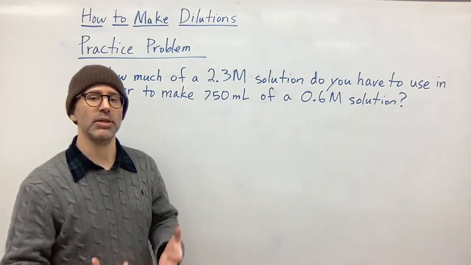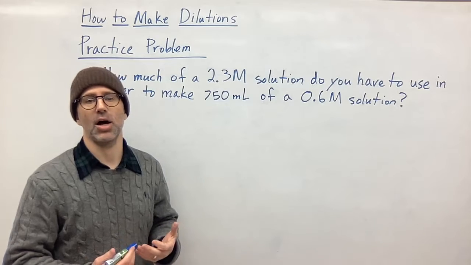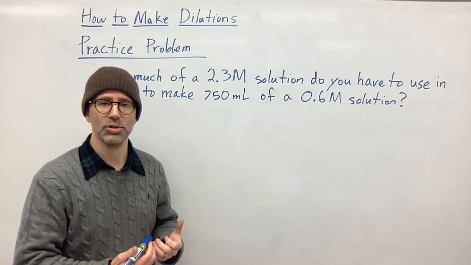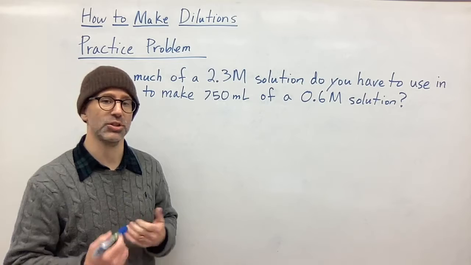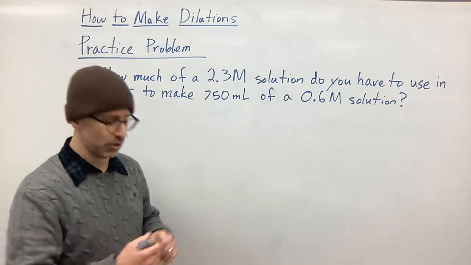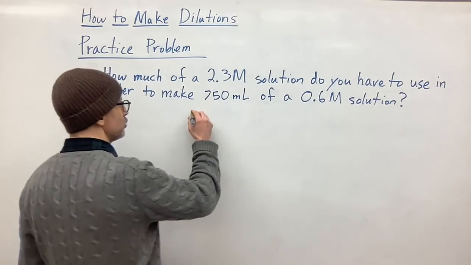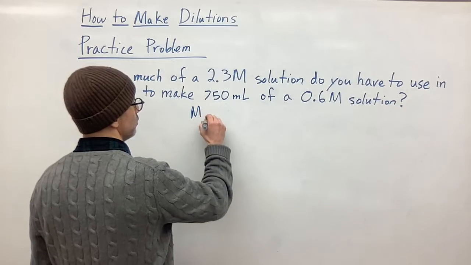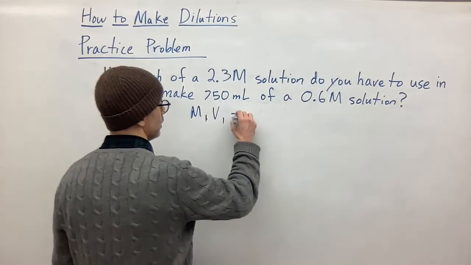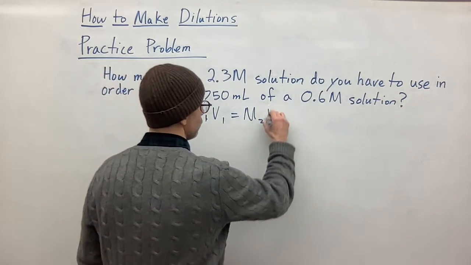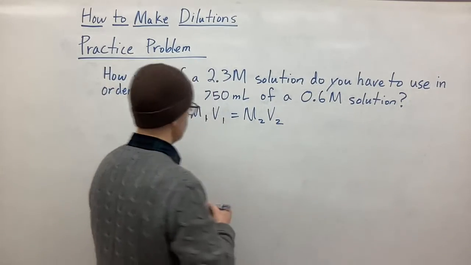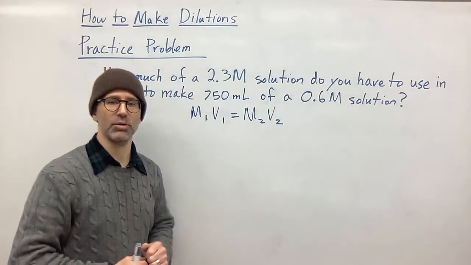The first thing we want to do is recognize what we're getting our solution from and what we're diluting to. Make sure you know your dilution equation, M1V1 equals M2V2. This is a dilution problem, so we want to use our dilution equation.